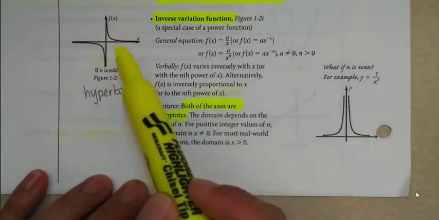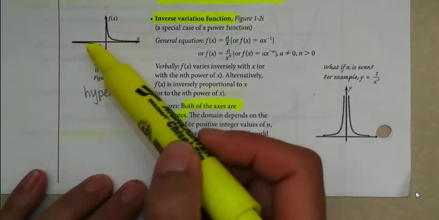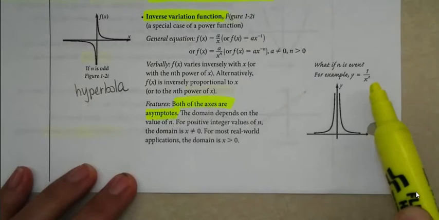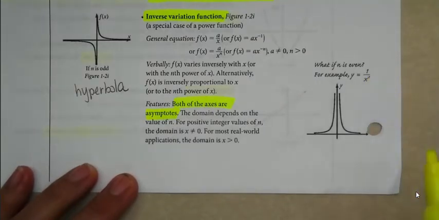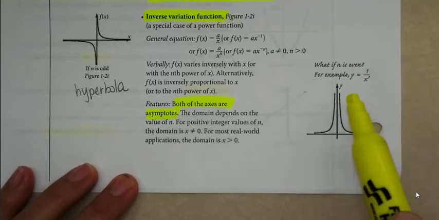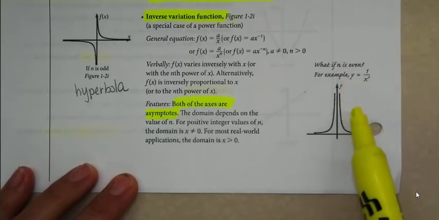Usually you have them in opposite quadrants, so where they're diagonal from each other. And in this example, for example, 1 over x squared, see how you have that squared in the bottom? So if n is even, you're usually going to have them in quadrants that are right next to each other.